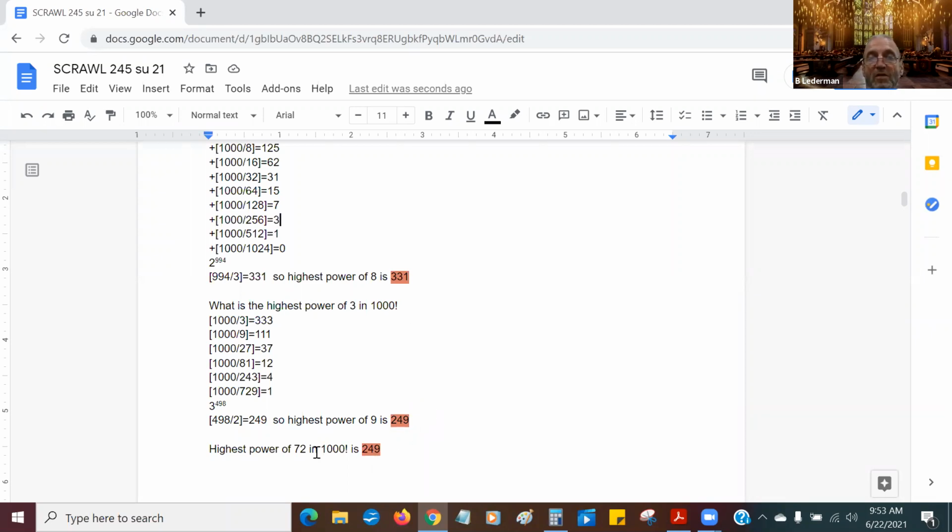So the highest power of 72 is going to be 249, which means that 72 to the 249th power is a factor of 1,000 factorial. And that's kind of cool and awesome.